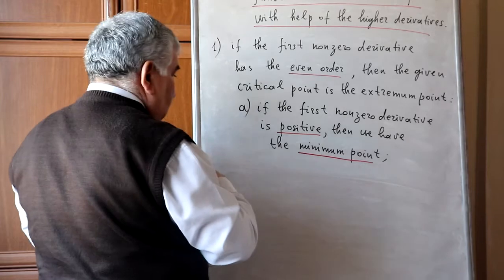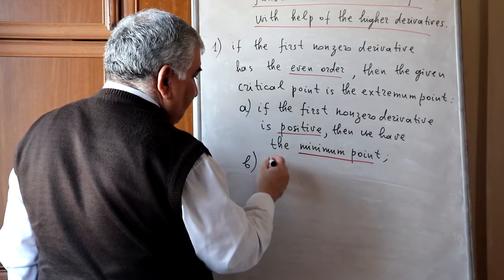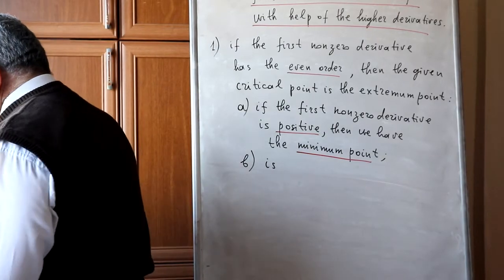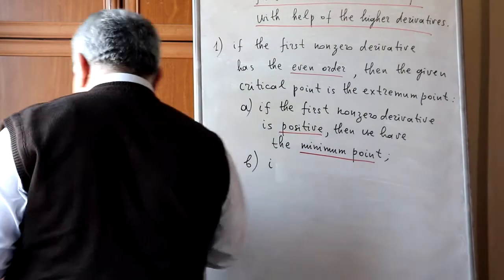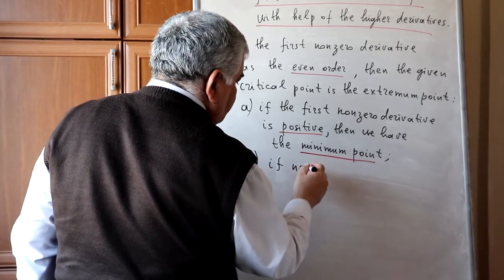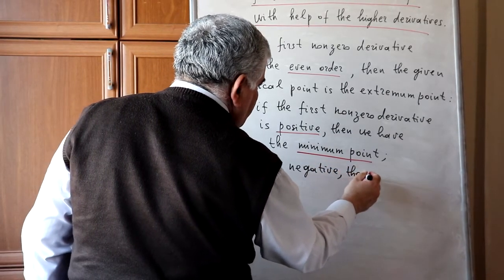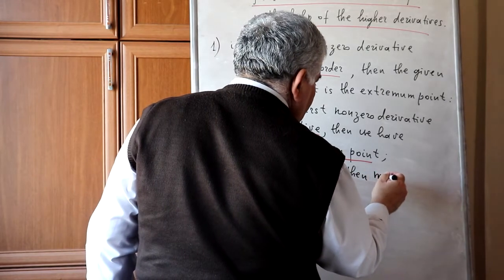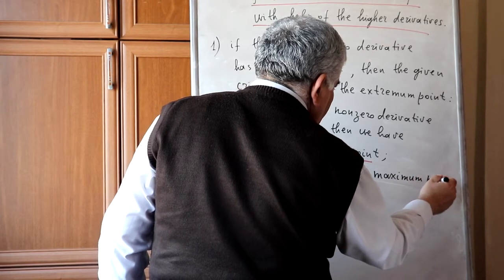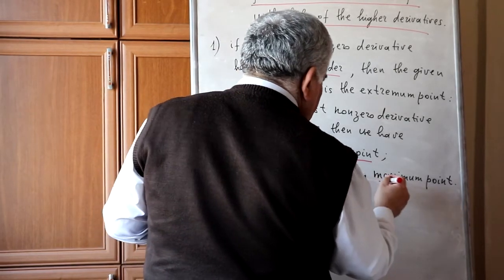Subpoint B, if negative, write negative. If negative, then maximum point.